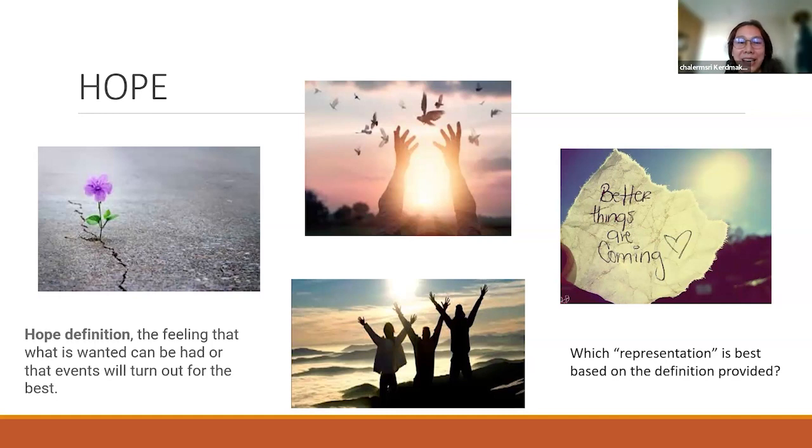And from the picture, I like that the sun is a symbol of life and a symbol of freshness. The piece of paper maybe is not complete, like a tear from the paper, but it is written with the words better things are coming. It's like when you feel hope, but behind hope there is something that is not complete.